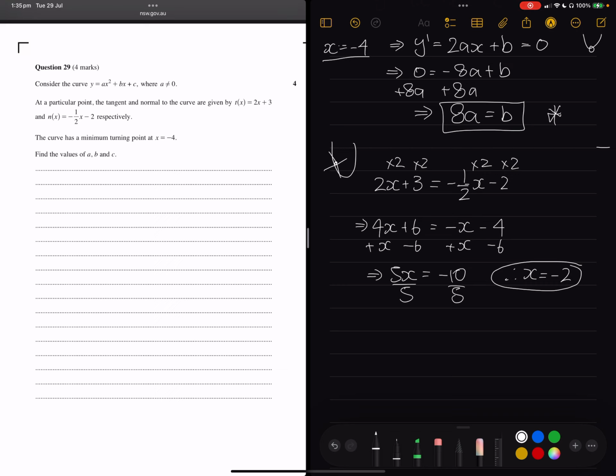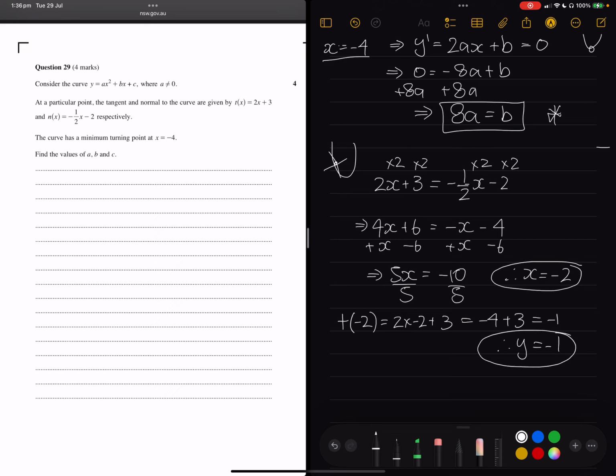So x equals -2 at the point where the tangent and normal intersect. Now, in terms of this function, we were able to find the x. We can also get the y because we're given functions for both the tangent and normal. So the tangent, when evaluated at -2, is 2 times -2 plus 3. That's -4 plus 3. That's -1. So we know the y value is actually -1.